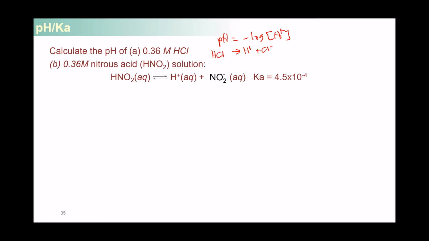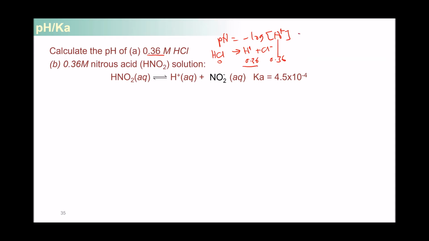So if you start with that much HCl, it's going to split by 100%, which means once you put it in water, you will have 0 molecules of HCl, 0.36 molar of hydrogen, and 0.36 molar of chloride. So the concentration of hydrogen ion is 0.36.